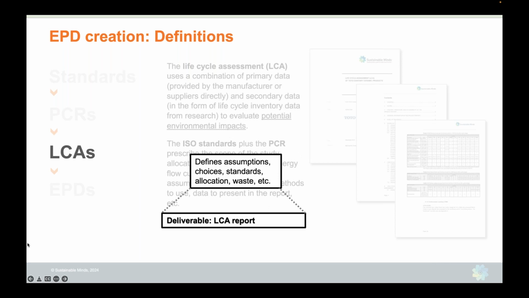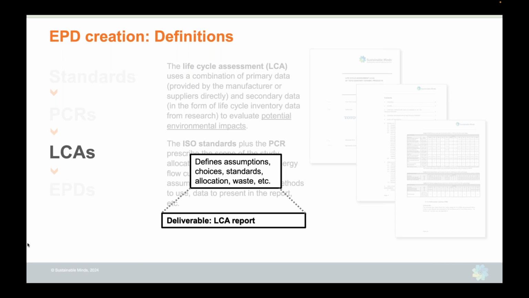And all of that gets organized, modeled, and delivered in the form of the LCA report. That report will describe all of the assumptions made, all of the data sets that were chosen, the standards that were followed, how energy was allocated to a specific product, any sources of waste, essentially everything that's relevant to calculate those results that will end up going into the EPD.